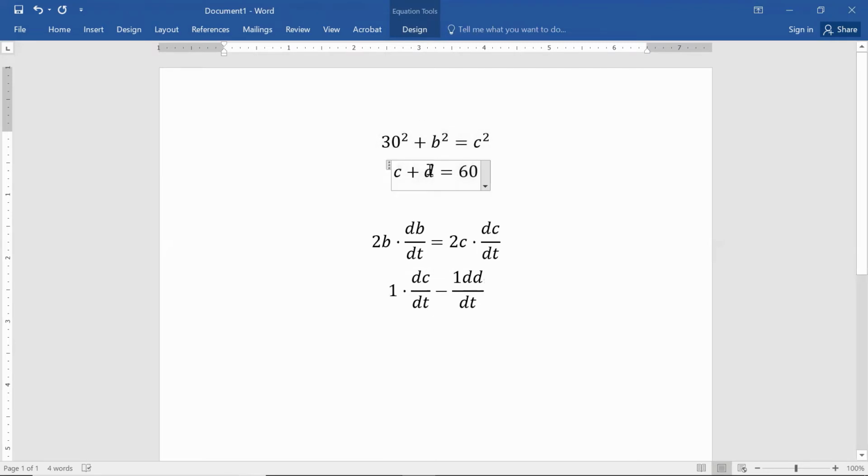Maybe I'll use a different letter. Let's use the derivative of x. Equals the derivative of 60, which is 0.